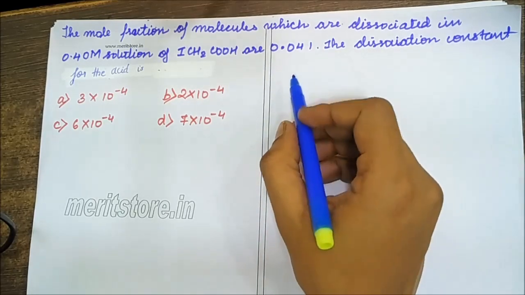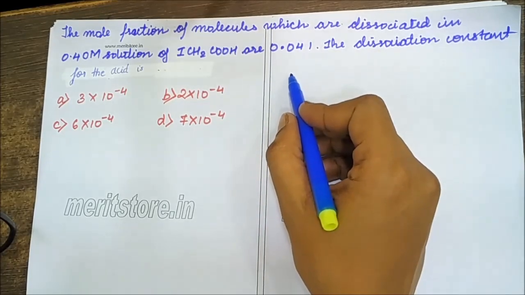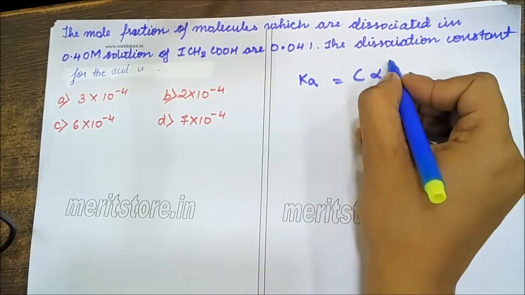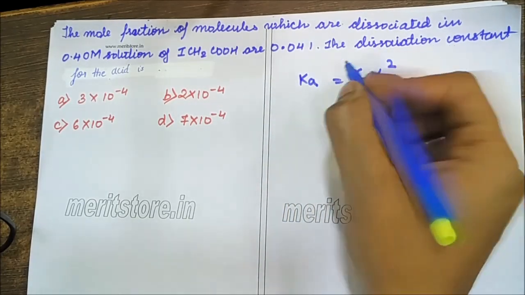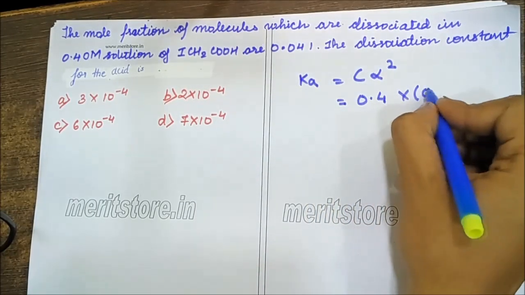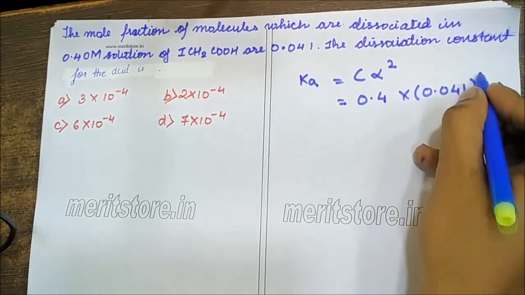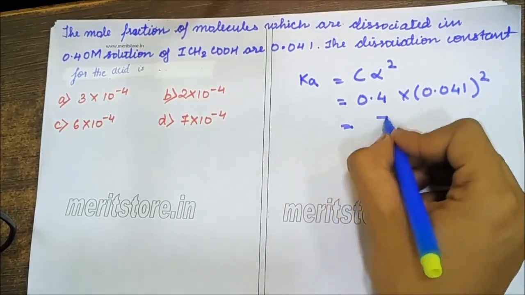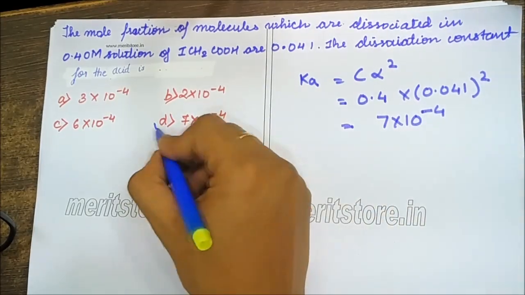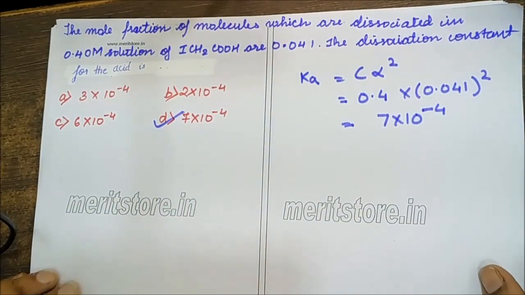They are asking me for the dissociation constant of the acid, which means they are asking me Ka. Now Ka we know is C alpha square. So you just have to substitute the values. C is 0.4 and 0.041 square. When you calculate it, the value that you will get is 7 into 10 raised to minus 4. So this is my correct answer.